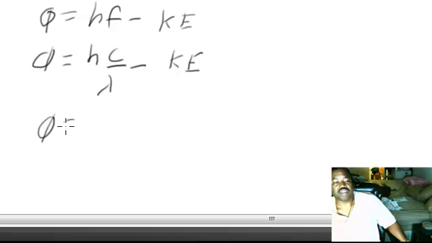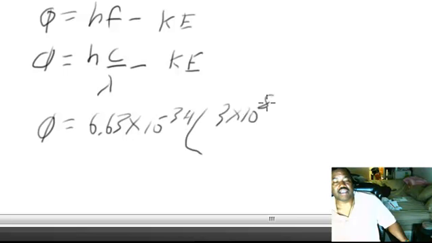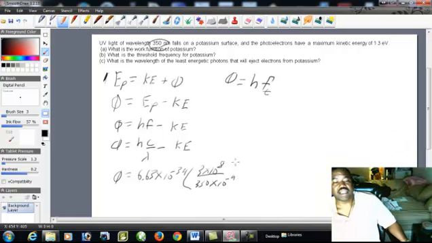Now phi is equal to h, which is 6.63 times 10 to the minus 34, times 3 times 10 to the 8 over lambda, which is 350 times 10 to the minus 9.